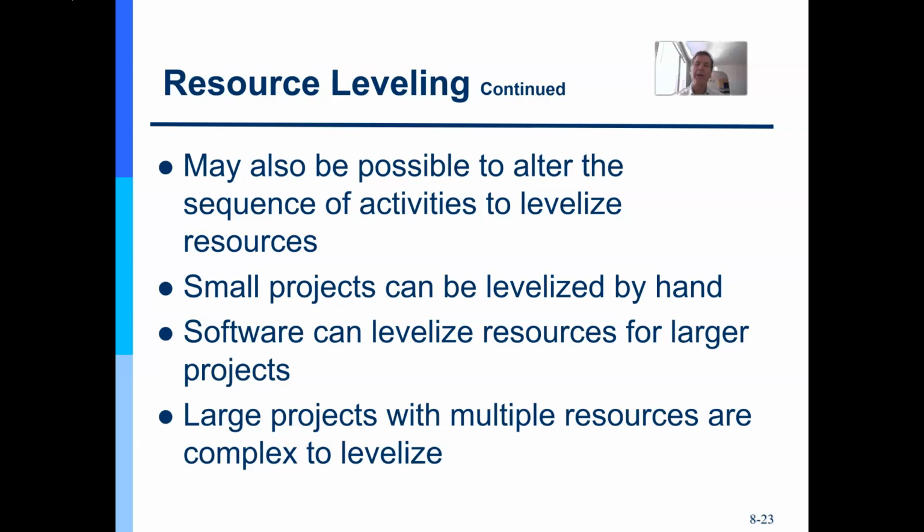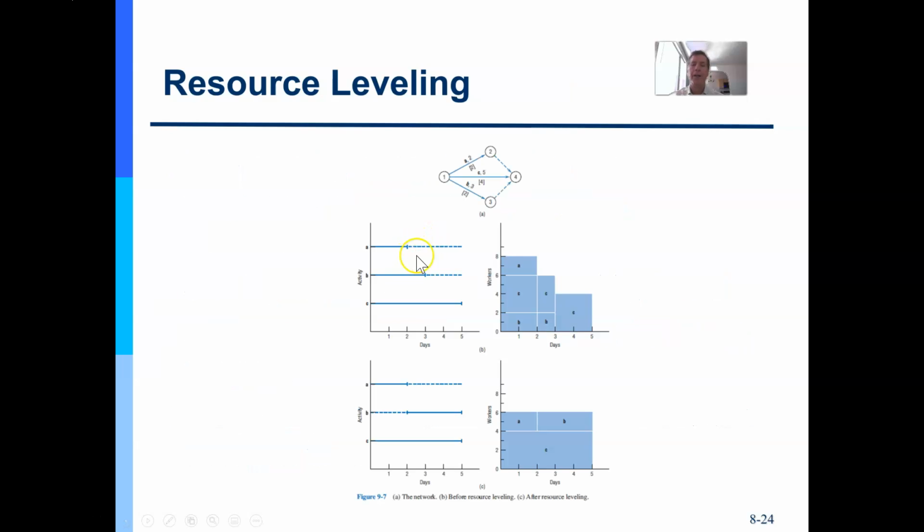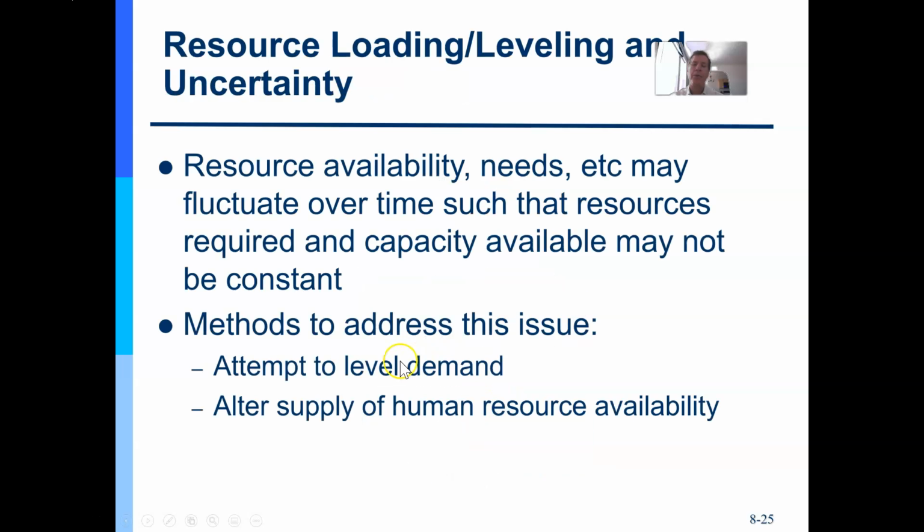Because part of that would be leveling out the resources that you need, especially with large projects. And this is just a visual of your schedule network diagram, and you're looking at resource leveling along the way to make it something more like this, smoother orientation.